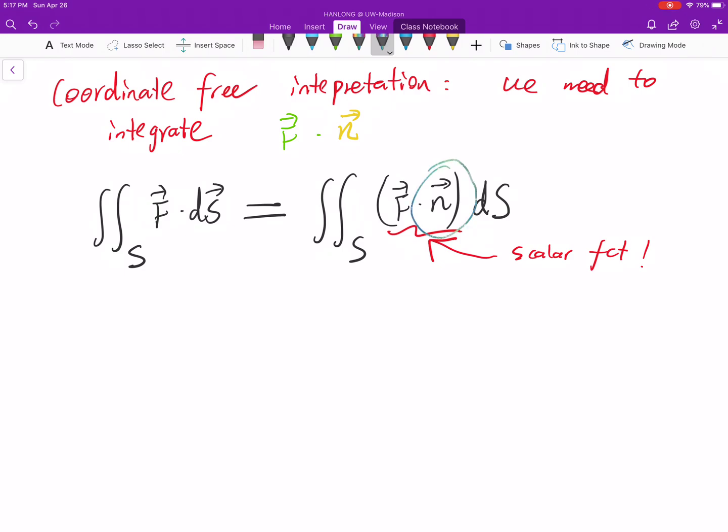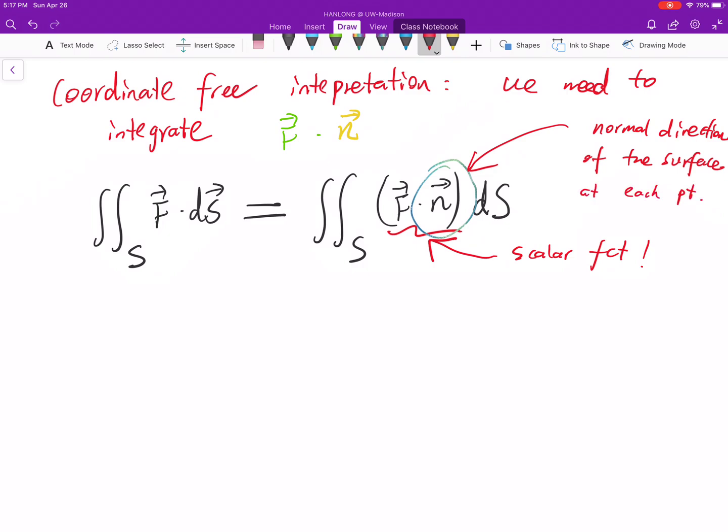We insert the geometrical data associated with the surface. This n depends on how your surface is curved in 3D space. What's the position of your S? And okay, so this is a normal direction of the surface at each point, right?